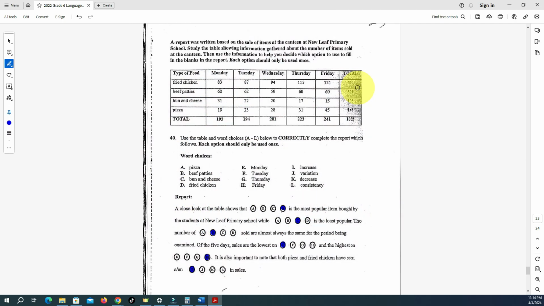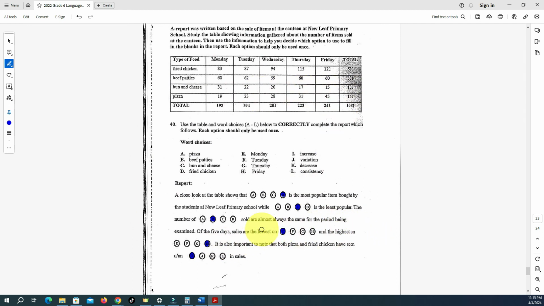Why? Because the total persons buying fried chicken is over 500, so that's definitely the most popular. All right, bought by the students at New Leaf Primary School, while blank is the least popular. So I chose C because bun and cheese, as you see, is only 105. So I chose that.